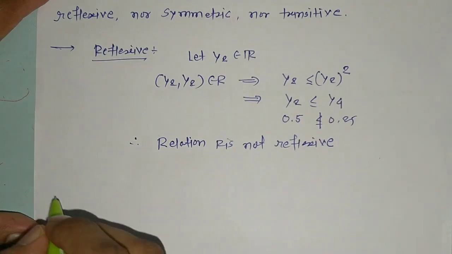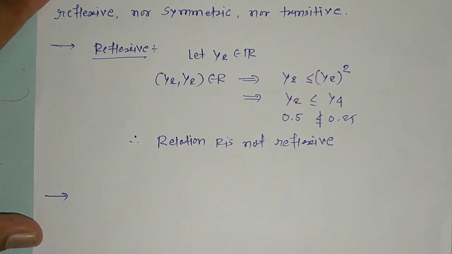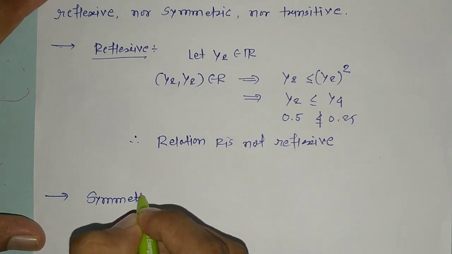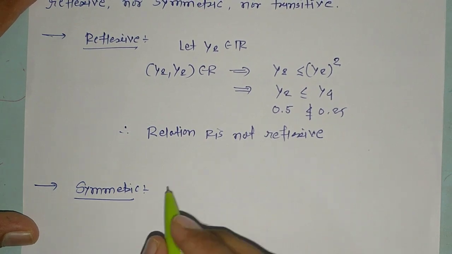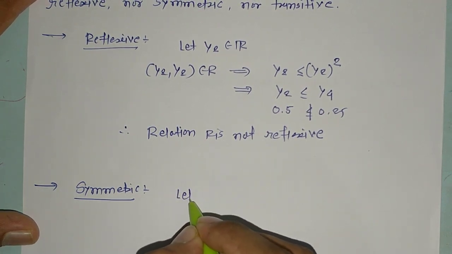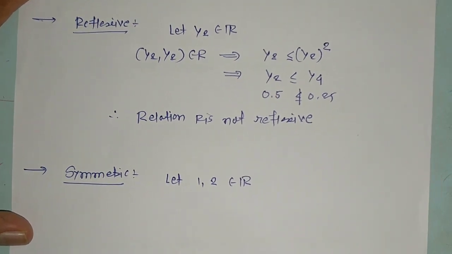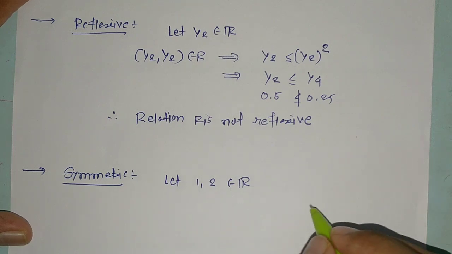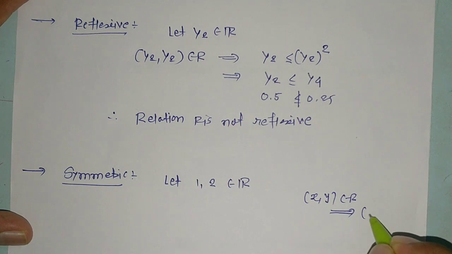After reflexive, let's disprove the symmetricity. For symmetricity, let's take two elements from the set of real numbers. Let 1 and 2 belong to R. By the definition of symmetricity, we know that if the relation is symmetric, then for (x, y) belonging to R, (y, x) must belong to the relation.